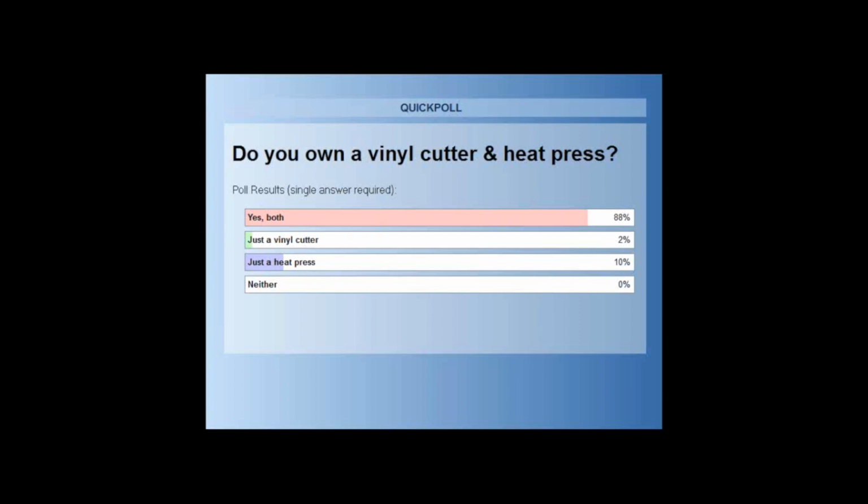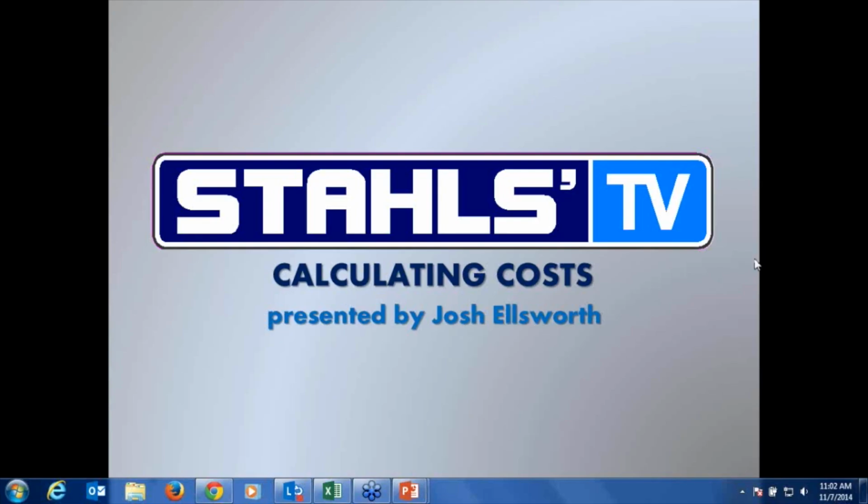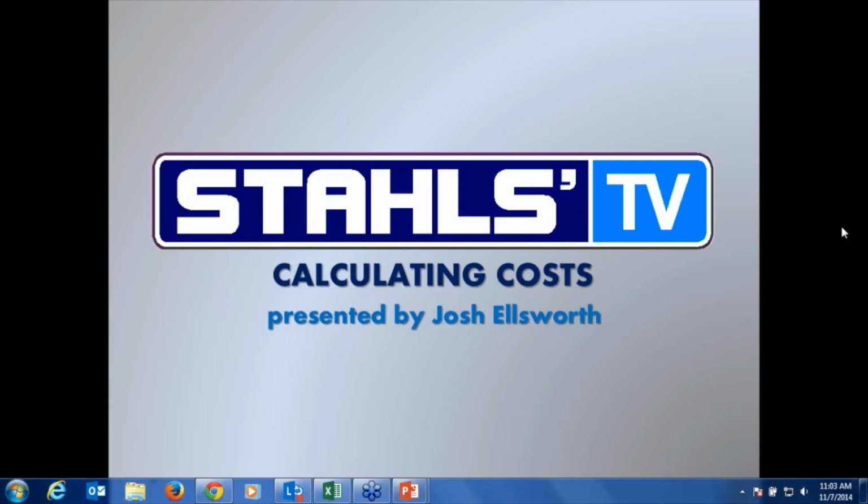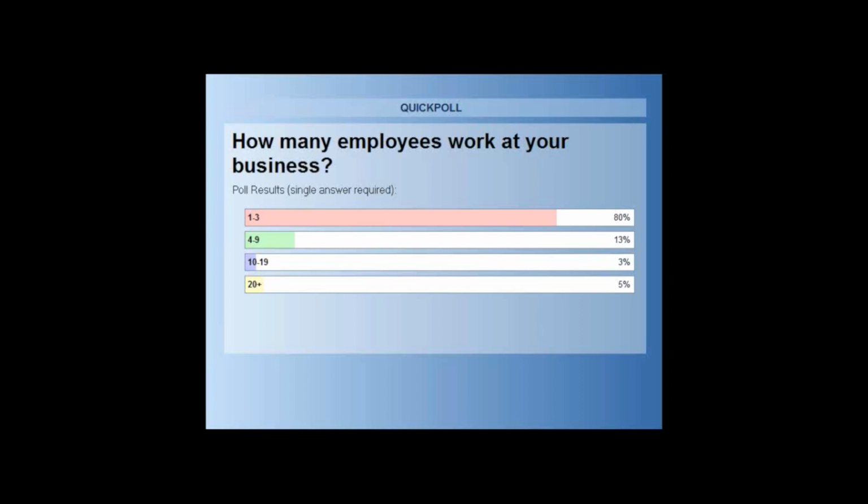One more question I want to ask that'll be pertinent to the info I present today is, how many employees work at your business? Okay, looks like 87% has voted, 89%. All right, we'll go ahead and close that off. Let me share the results and jot them down here so I can remember them.